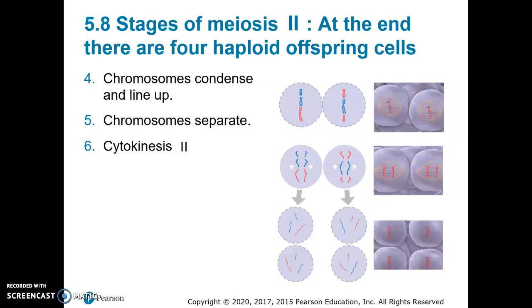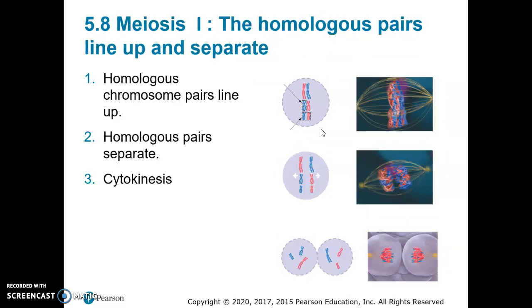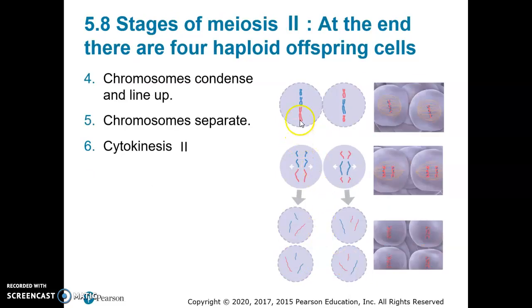And so in the second round, both cells are going to be going through it simultaneously. So these are those two cells right here that were produced, carried down to here. And so now in the second round of meiosis, it looks just like mitosis.